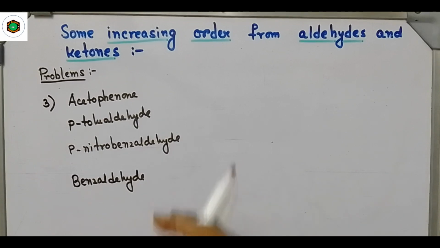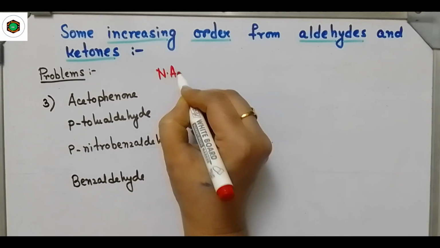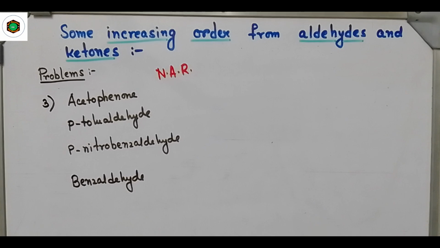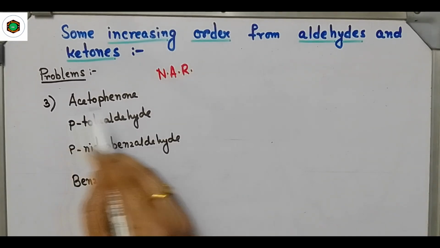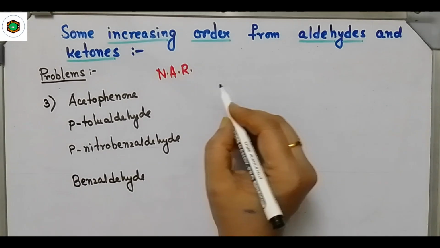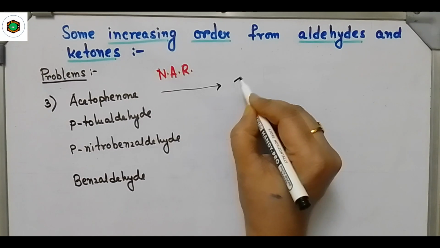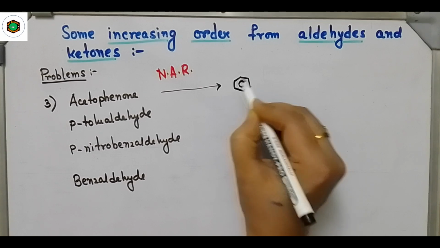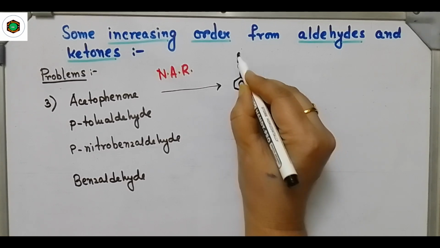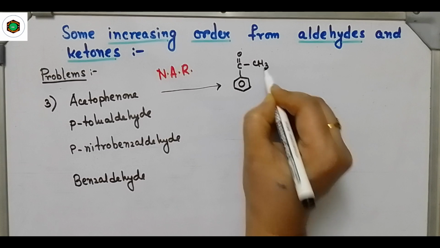Next problem is for nucleophilic addition reaction, write the increasing order for the reaction rate. This is acetophenone. Acetophenone means its structure is this one, C6H5COCH3.